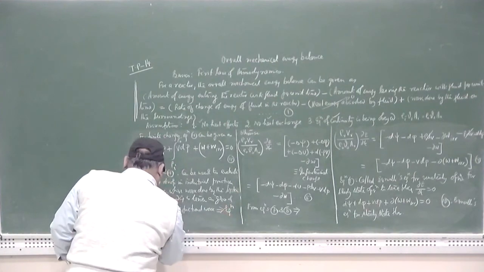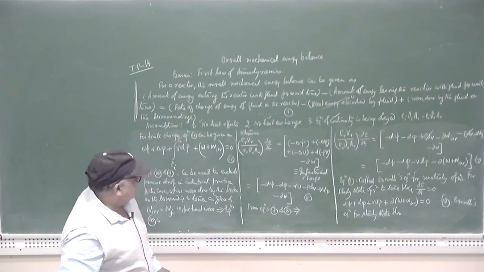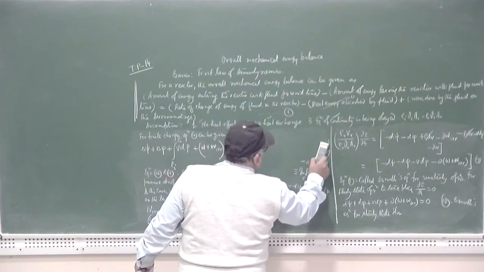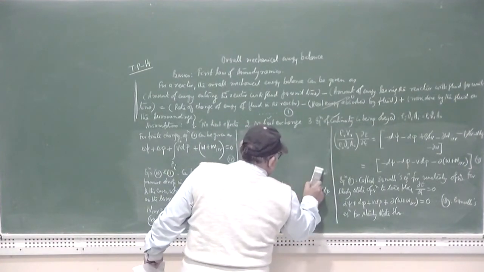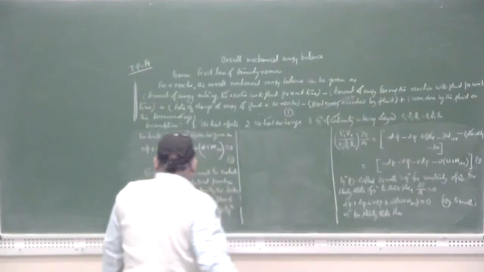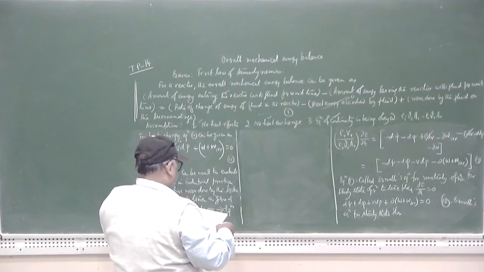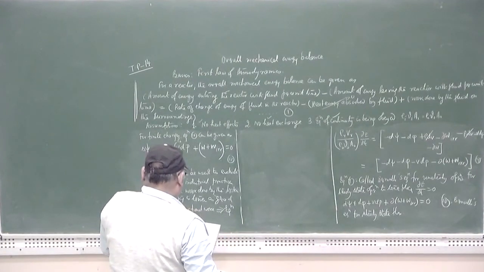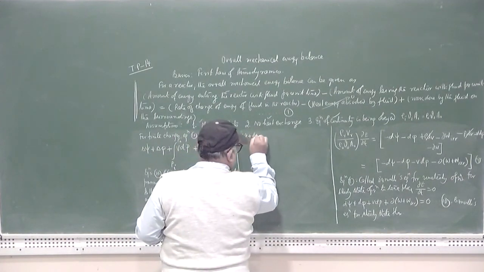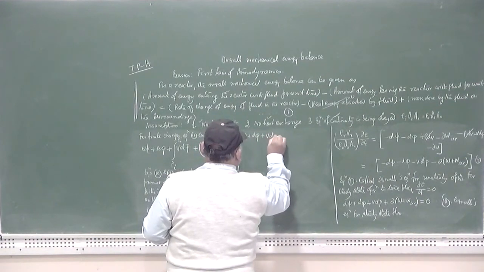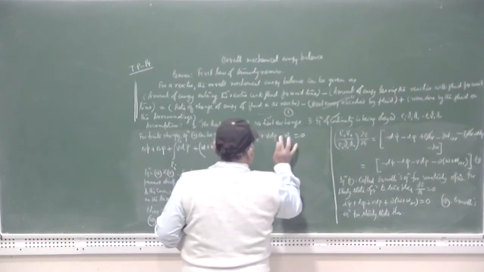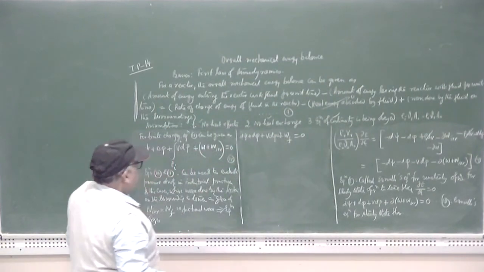then equation 10 can be represented as d psi plus d phi plus v dp plus delta Wf, that is equal to 0.